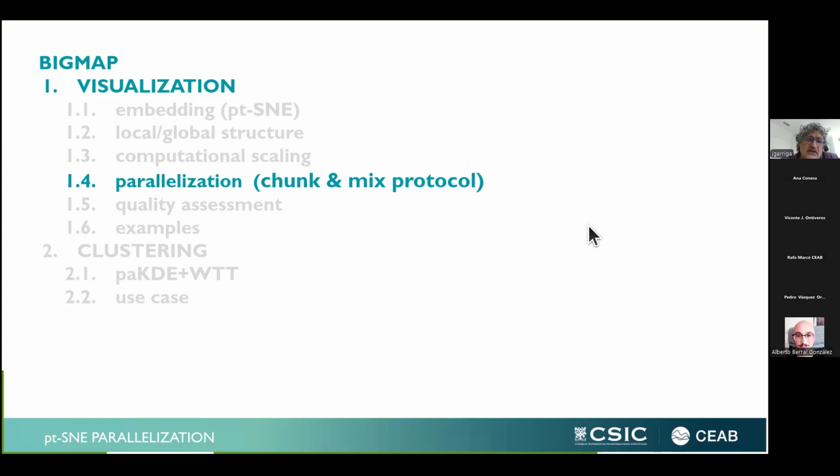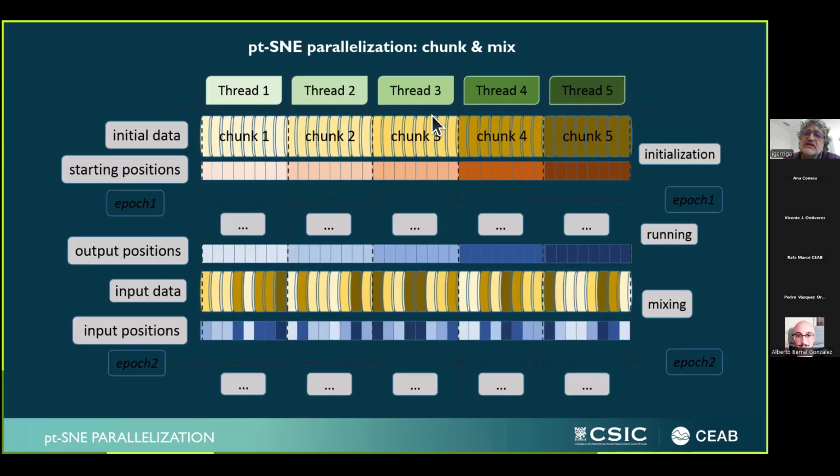How do we achieve this with PT-SNE? Well, PT-SNE implements a real parallelization of the t-SNE based on what we call the chunk and mix protocol, which simply means that we take the data set and we chunk it, and then we start independent instances of the t-SNE in independent threads with each chunk.